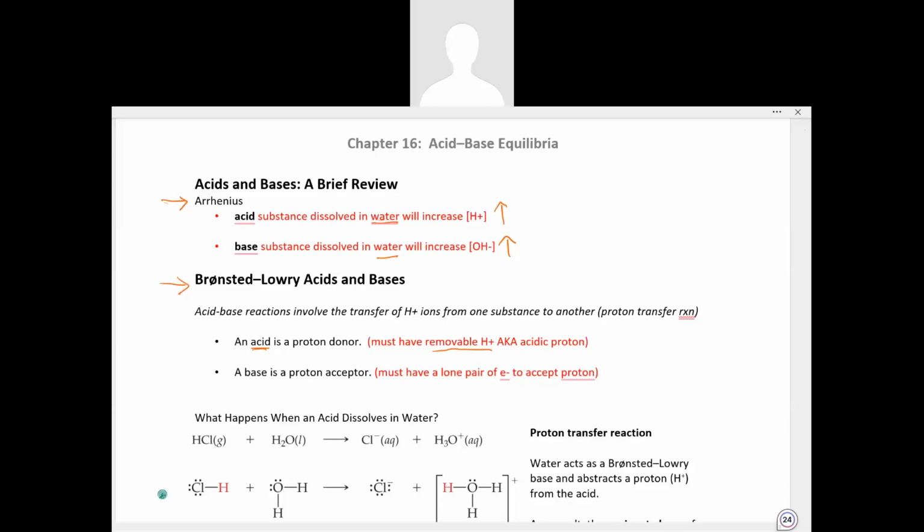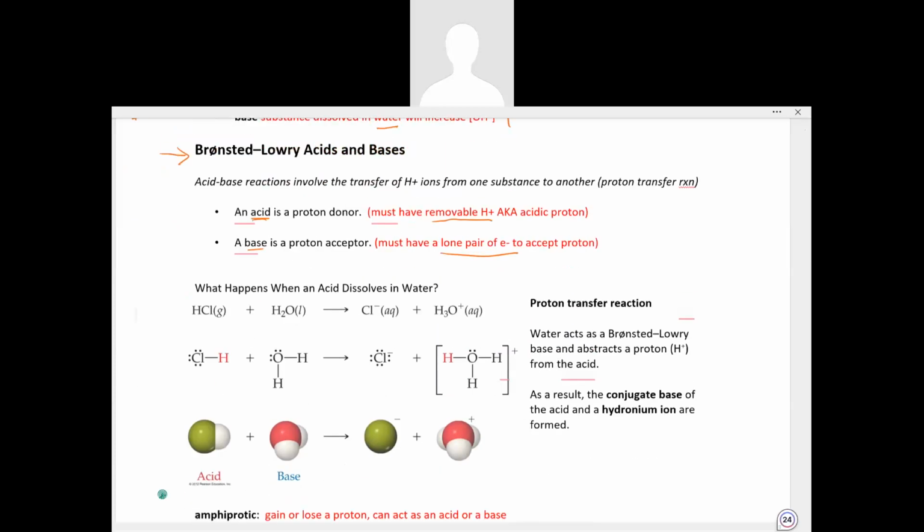So we'll get used to how to find those throughout compounds. And when we consider a base in this system, this is now a proton acceptor. So it must have a lone pair to accept the proton from the acid. So these are two different ways of looking at acids and bases, either the Arrhenius or the Bronsted-Lowry classification system.